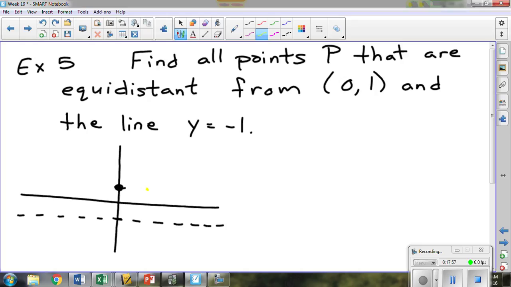Well, this has a distance right there, and it has a distance right here. Are those two distances the same? Clearly not. So this is an example of a point that does not fit the criteria. We are searching for a point that actually balances these two things out.